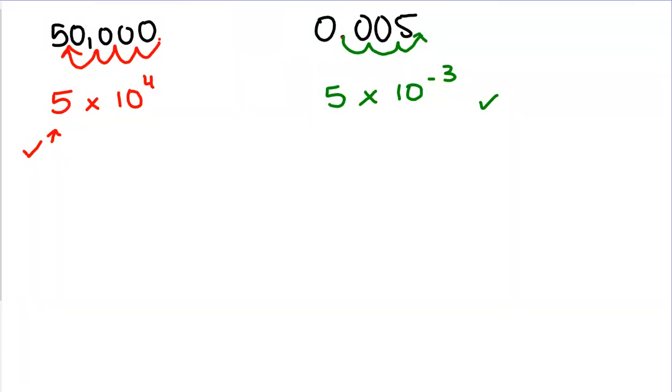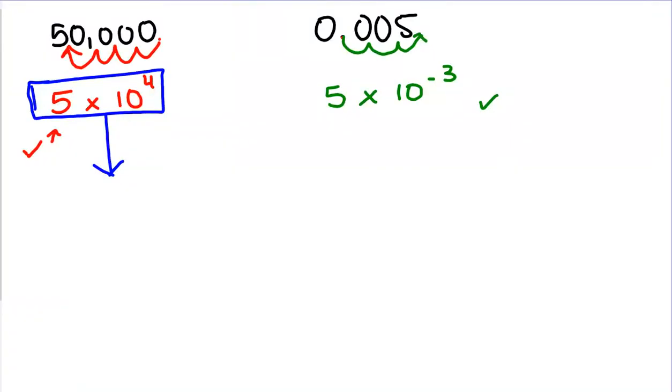Now, just to show some quick rationale for the backwards positive and negative, because when we usually think of moving decimals, we think of moving left as negative and moving right as positive. But if we were to take this number written in scientific notation and write it in standard form like we learned in the last video, we would see why our exponent is positive.